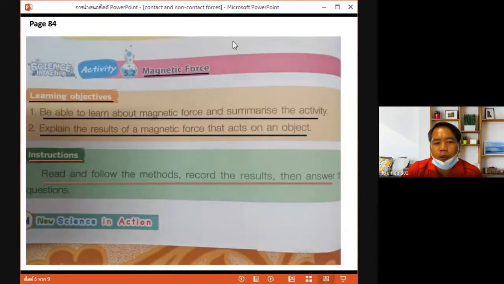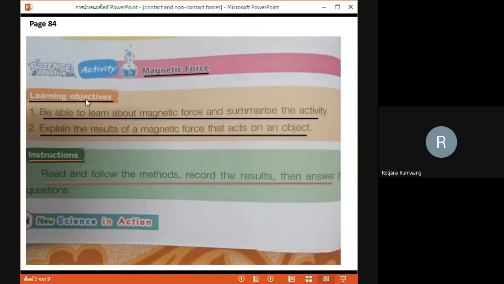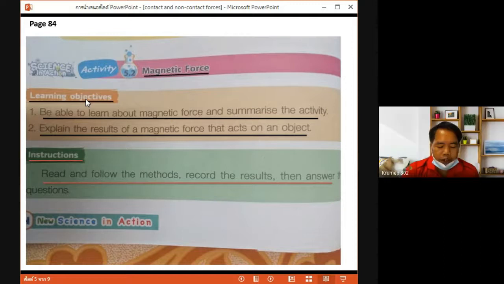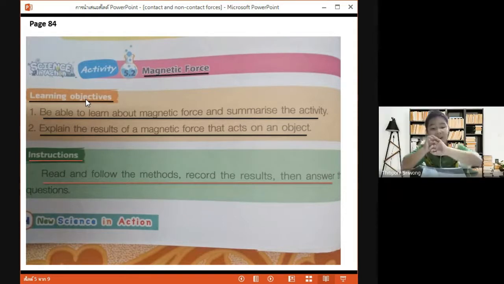Okay, so look at your book on page 84. Above this activity about contact and non-contact force, I explained already about contact force and non-contact force, and we gave a lot of examples.